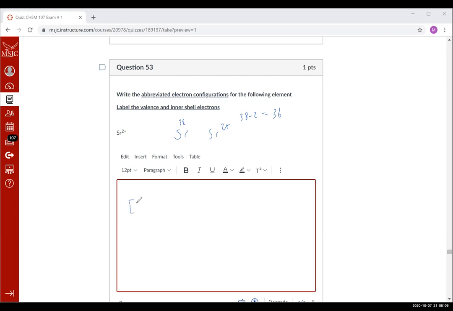In that case, the preceding noble gas will be argon, and we'd fill in 4s2, 3d10, and 4p6. Only the 4s and 4p electrons would be considered valence, while the 3d and the argon abbreviated electrons would be considered the core electrons. Does that make sense to everyone?